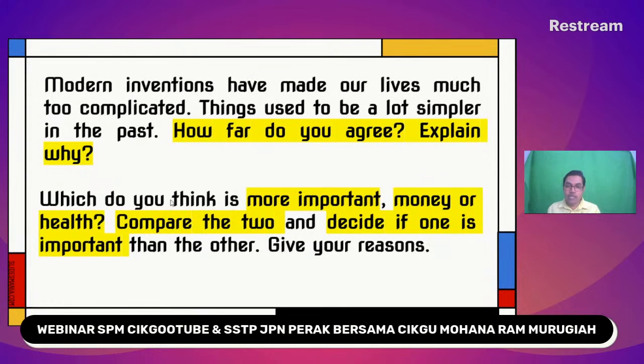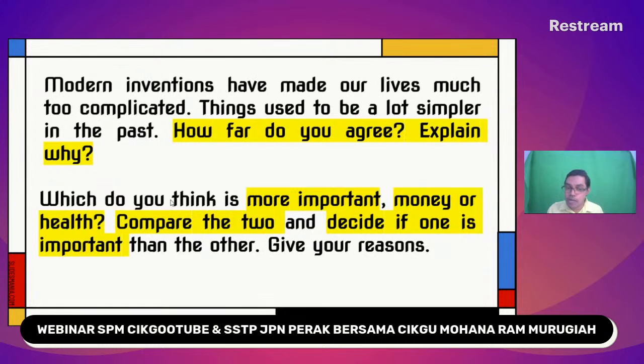So at the end of your essay, you can say money is more important, or you can say health is more important, or you can say both are important. Both are important in order to lead a comfortable life, because it says decide if one is more important than the other. Another thing is you have to give your reasons why you say so.